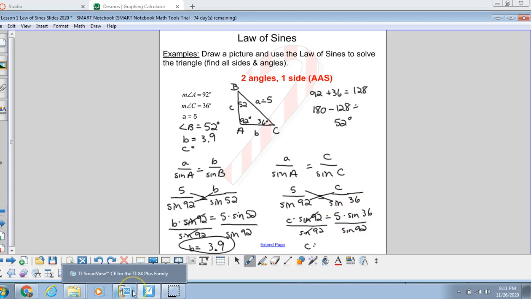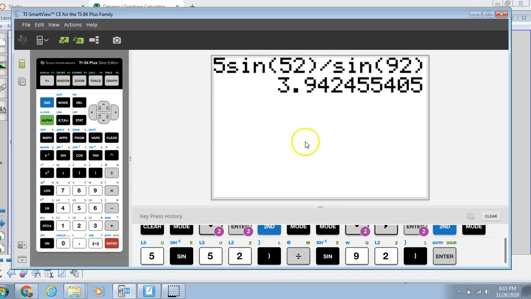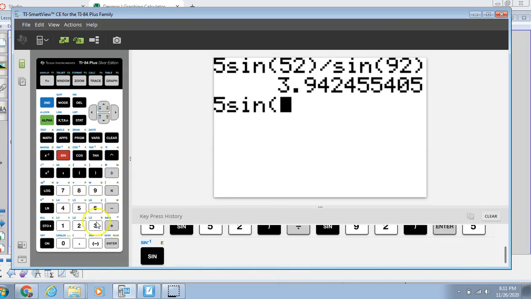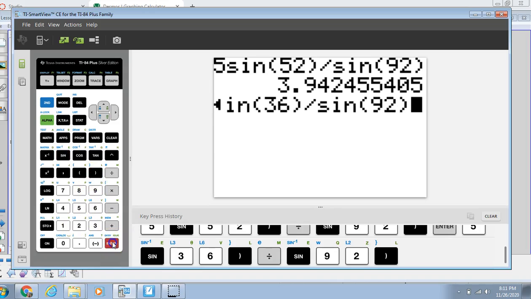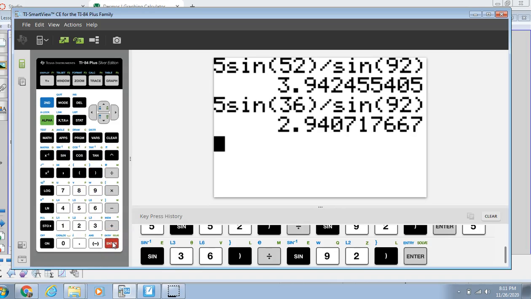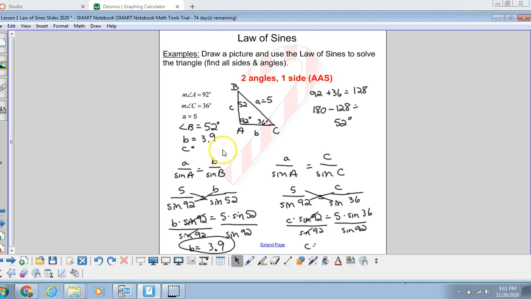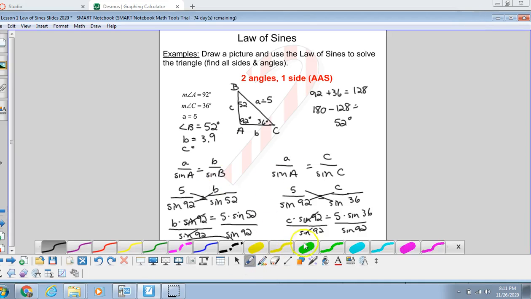Let's go back to our calculator for that. So this time we're going to use 5 times the sine of 36, don't forget to close your parentheses, divided by the sine of 92. Equals, let's round to the nearest tenth, that's about 2.9. So we have our C value is 2.9.